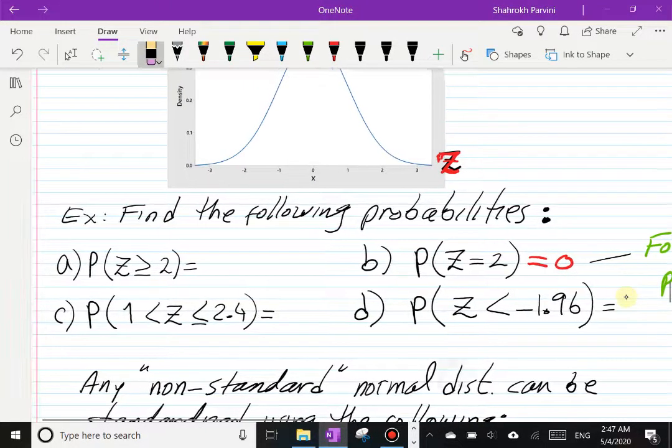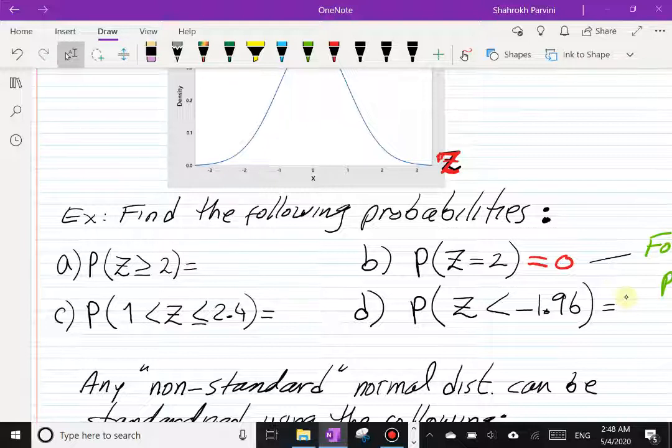Which is kind of ironic too, because let's say, for example, the assumption is that the cholesterol level of people follows a normal distribution. Let's say I want to know the probability the average cholesterol is going to be, I don't know, 180. Well, according to this, the probability of getting an average of 180, or even an individual score to be exactly 180, is 0.